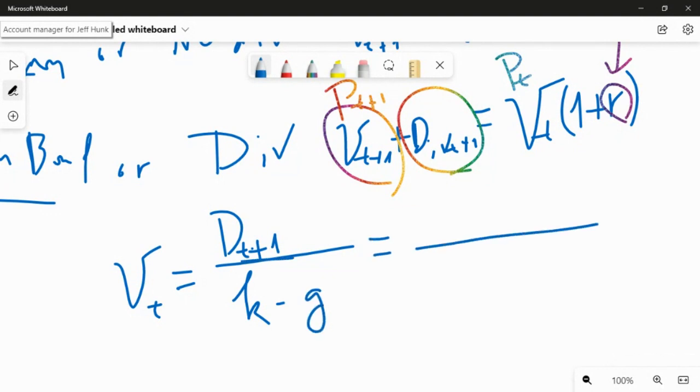And how do we know what dt plus 1 is? How do we know what it is? Again, we know the growth rate. So that's the dividend growth rate, right?